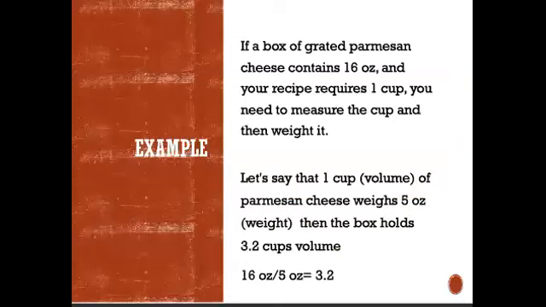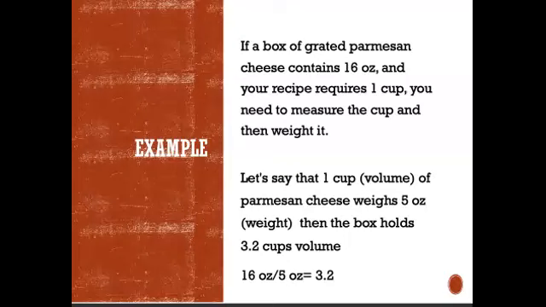So another example, right? If a box of grated Parmesan cheese contains 16 ounces and your recipe requires 1 cup, you need to measure the cup and then weigh it, right? So let's say that 1 cup volume of Parmesan cheese weighs 5 ounces weight, then the box holds 3.2 cups of volume. Why? Because you have 16 ounces in that box of grated Parmesan cheese and 1 cup volume.